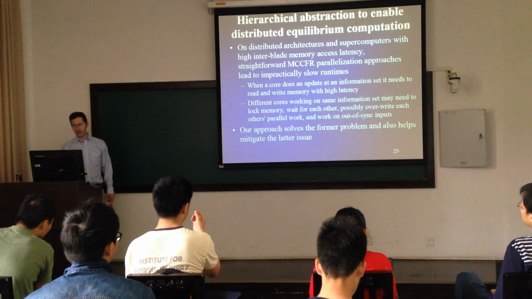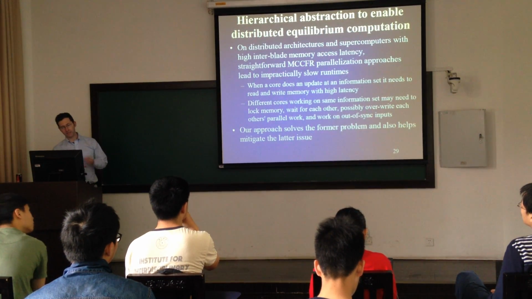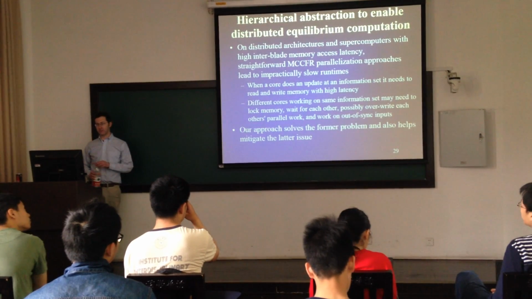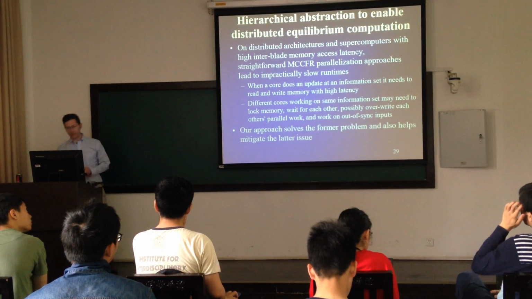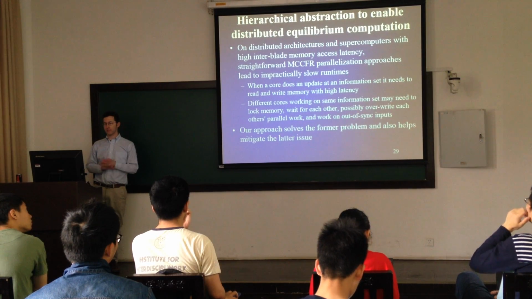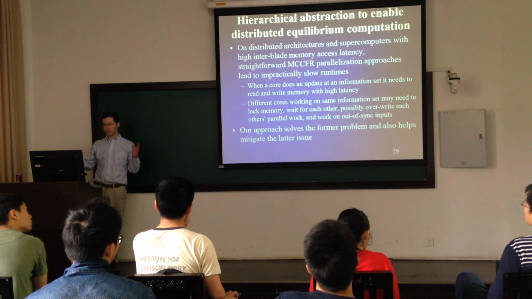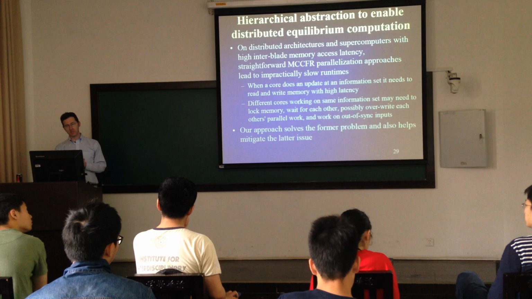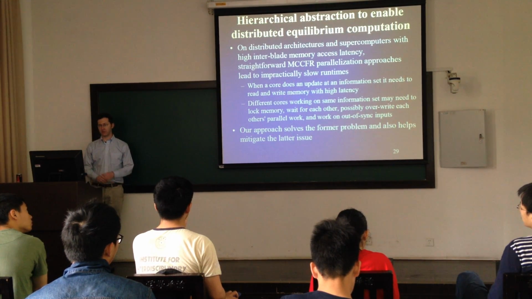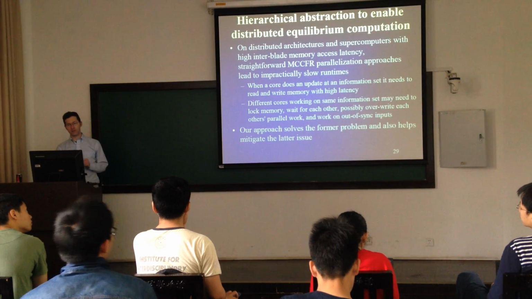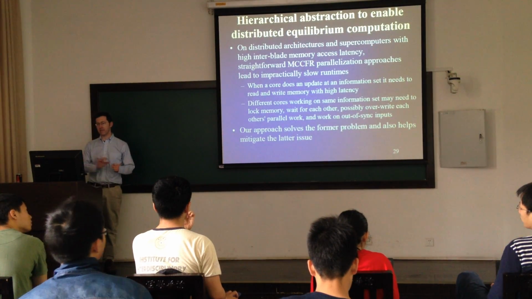Like I mentioned, CFR parallelizes very well. You can do this sampling down the tree in parallel. Now, one problem is that this runs into issues on distributed architectures and supercomputers, with latency when you go between blades.